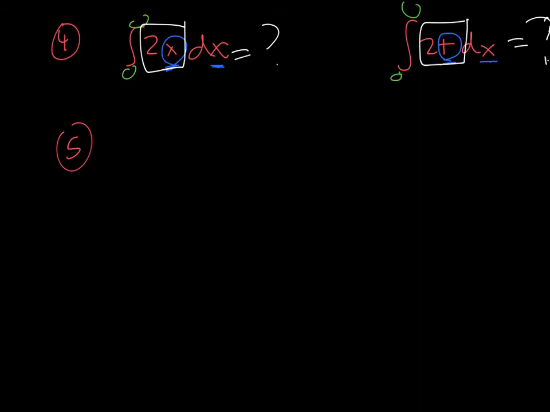Question 5. Question 5 is a great question for you to consider. You might already know this because I think it came up at one point, but it's been a while. If you're struggling with question 5, I would actually pull an example. Just get an actual function that you're evaluating using the fundamental theorem of calculus.